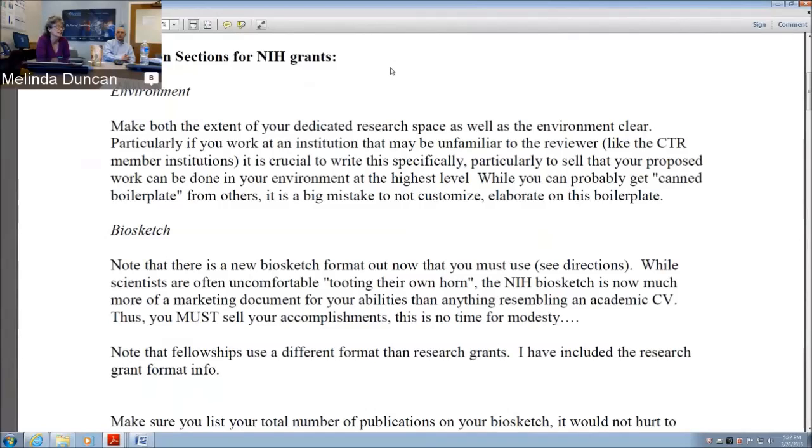Now, Nemours has an incredibly high orthopedic patient load. However, it wasn't outlined in the application. The reviewer was unfamiliar with Nemours' pediatric orthopedic patient load. And they did not get a good environment score because the reviewer did not believe that Nemours had the infrastructure and the patient population necessary to do the work.